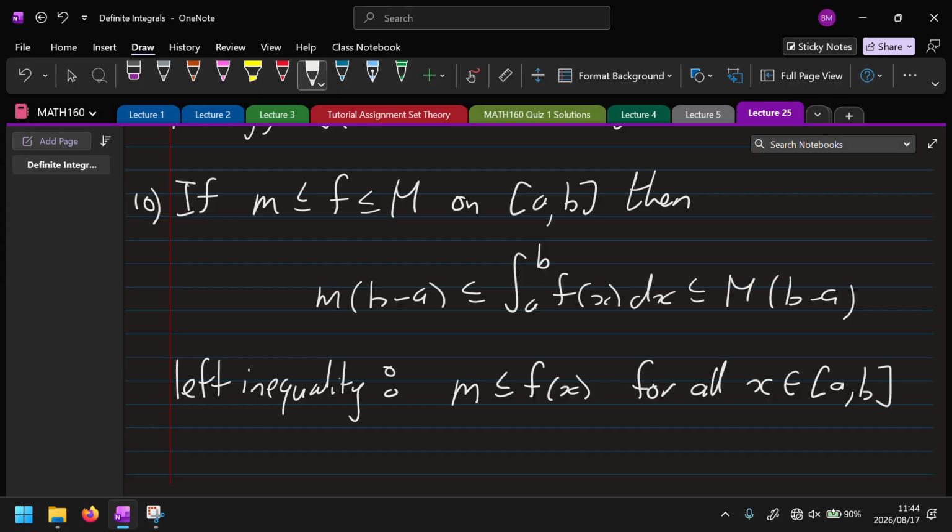So that's our starting inequality. What we want to do is get to that left inequality with the integral. So how can we get from this to what we want? Maybe some points will motivate you.